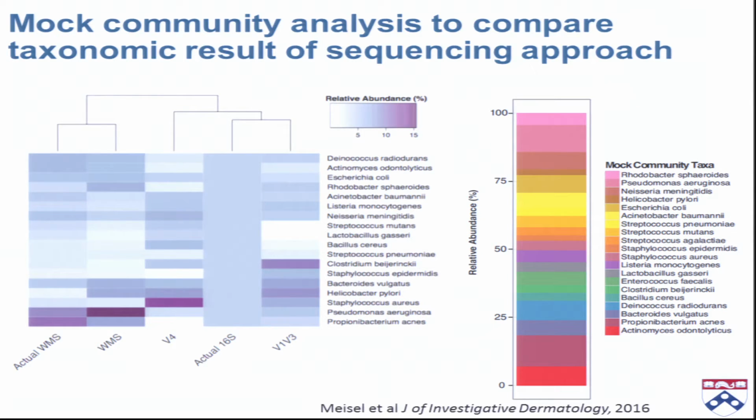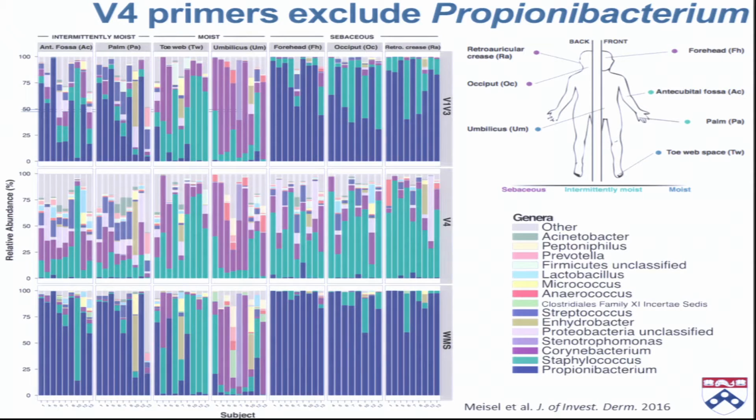Generally, though, the whole metagenome shotgun sequencing best recapitulated the mock community relative abundance, as shown here when comparing those two. But generally, while V1, V3 region wasn't perfect for recapitulating this mock community, it was closer than the V4 primers. And as I said before, it seems like there's this huge bias against Propionibacterium when you use these V4 primers.